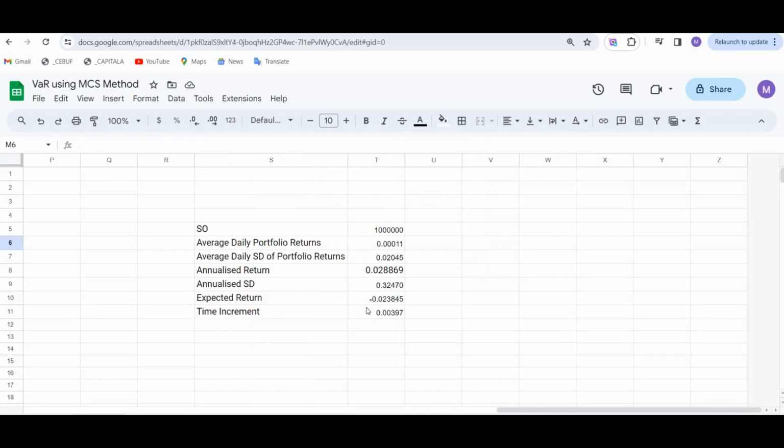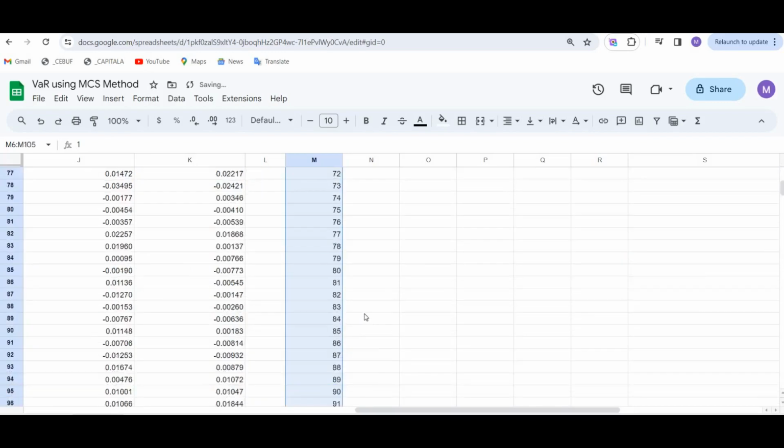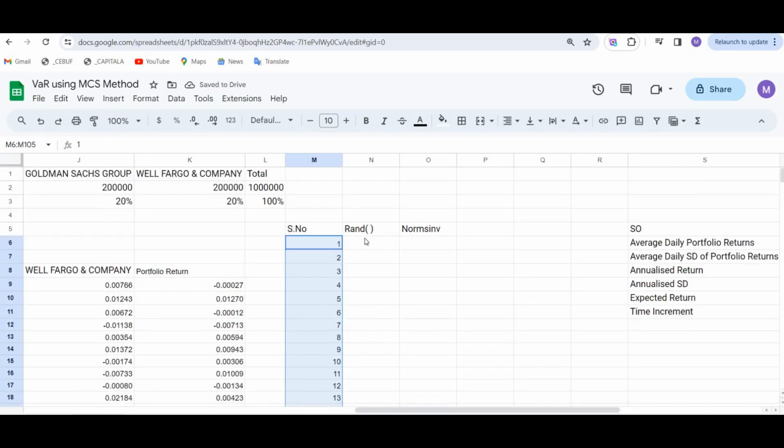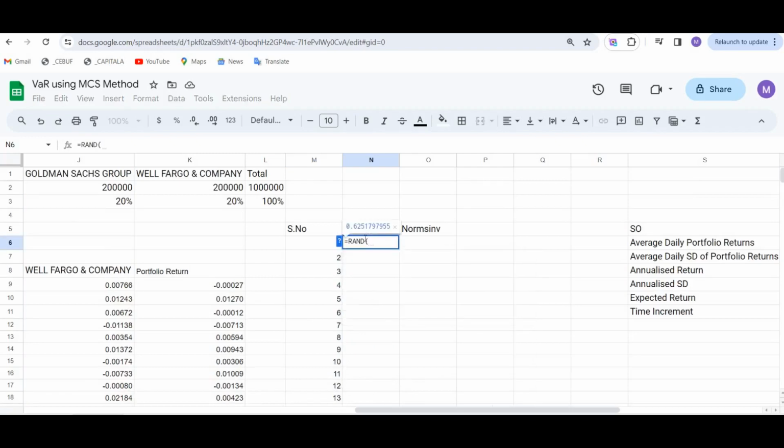So after finding the time increment, we move to the serial numbers. We write it from 1 to 100. Then we find a random number. Enter.